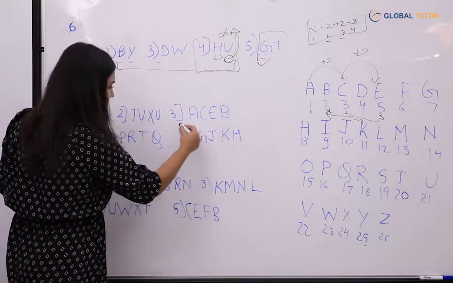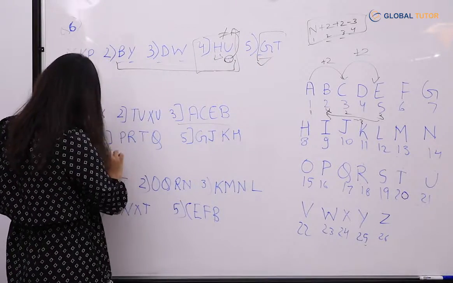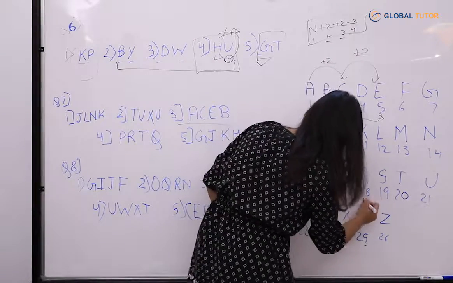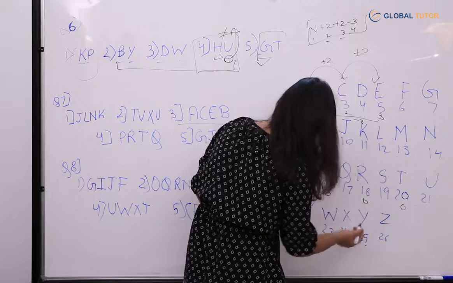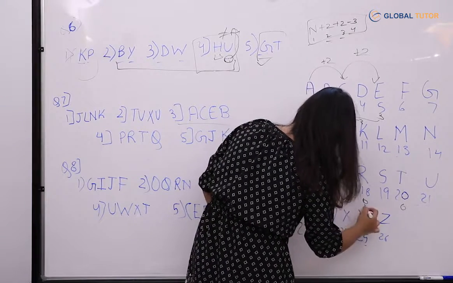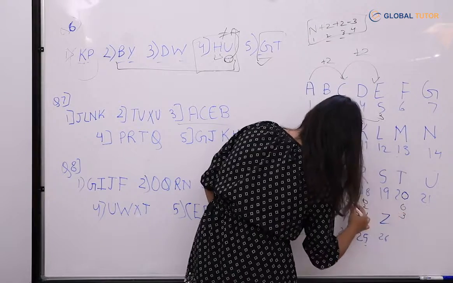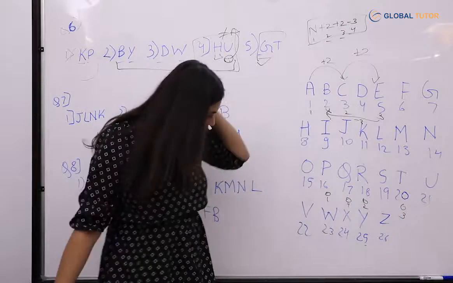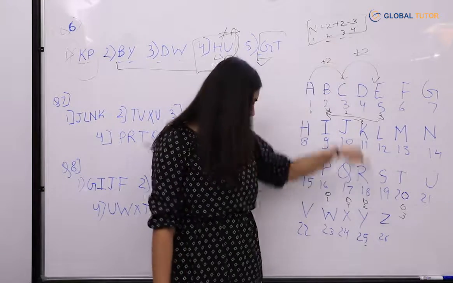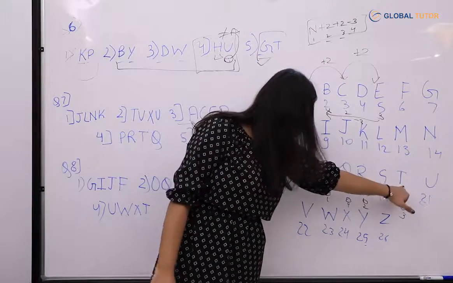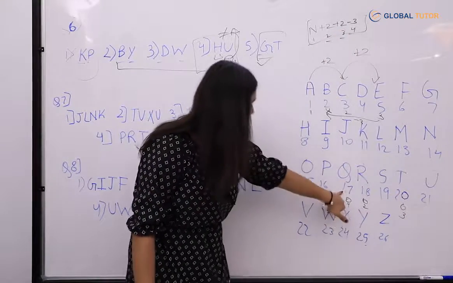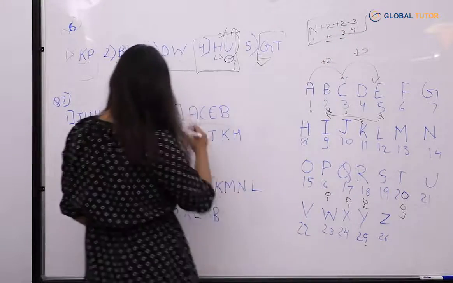So if we have done this, now let's solve for P, R, T, Q. So let's go P, R, T and Q. Okay, so here we have again got P plus 2, which is R, plus 2, which is T, and T minus 3, which is Q. So it is following this particular pattern.